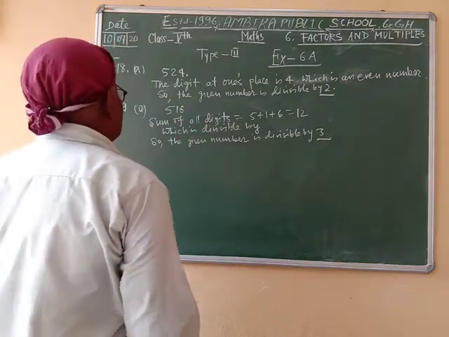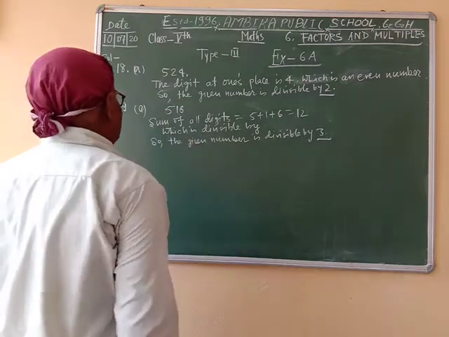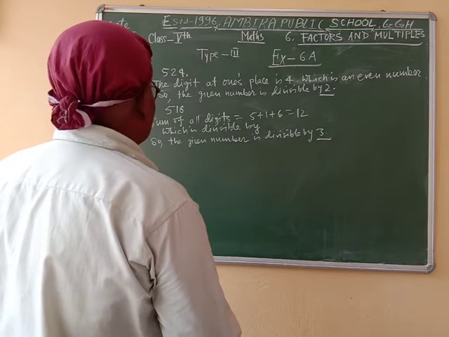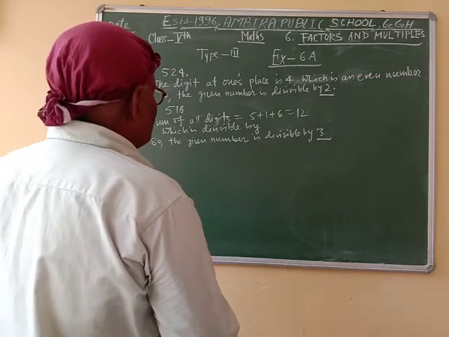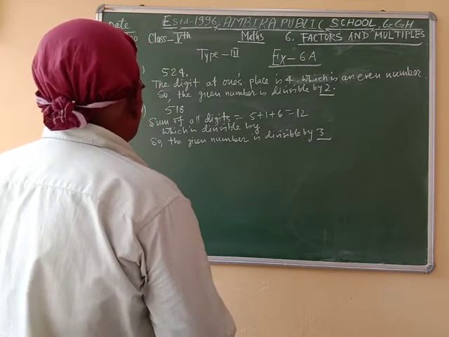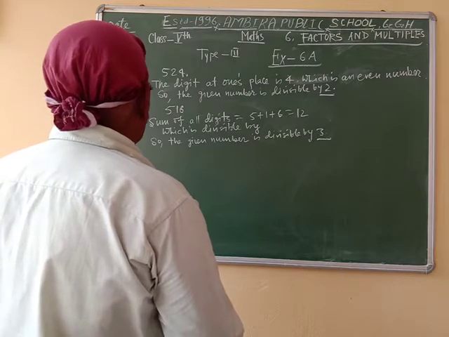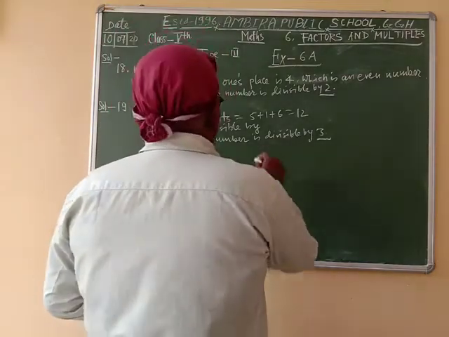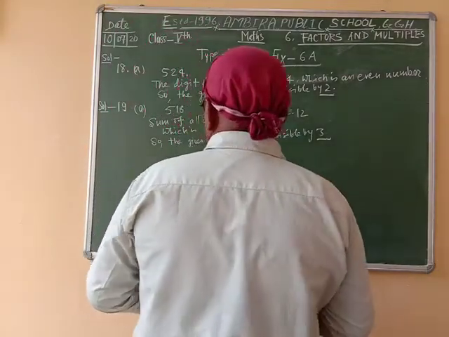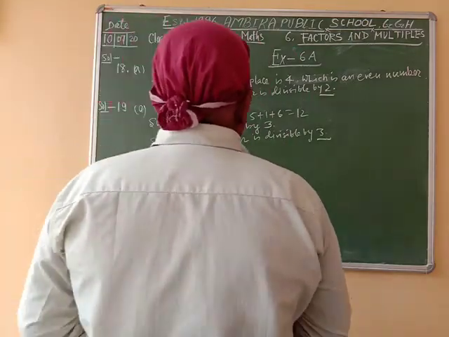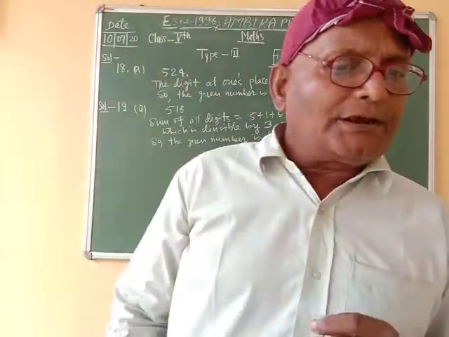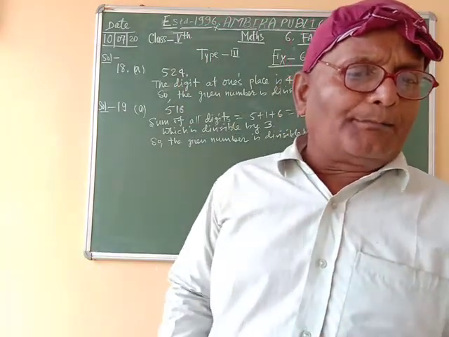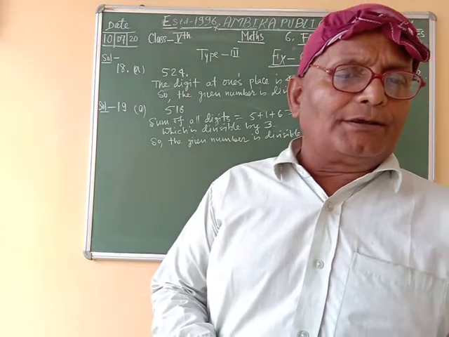According to this test, a number is divisible by 3 if the sum of all digits is divisible by 3. Here in 516, the sum of all digits is 12, which is divisible by 3, so the given number is divisible by 3. Using this rule, you can solve B, C and D.